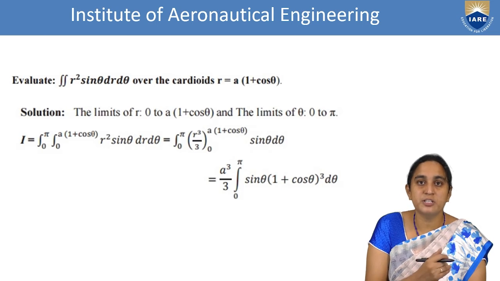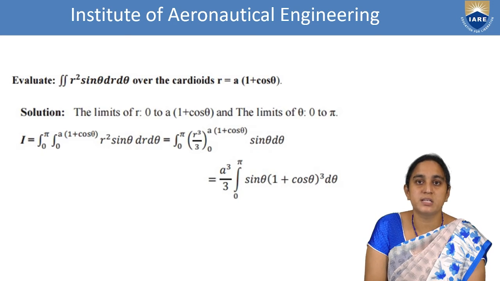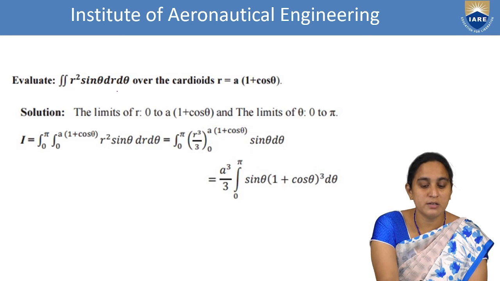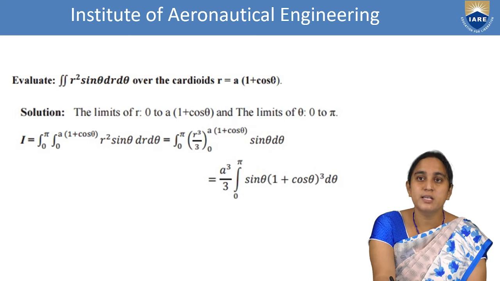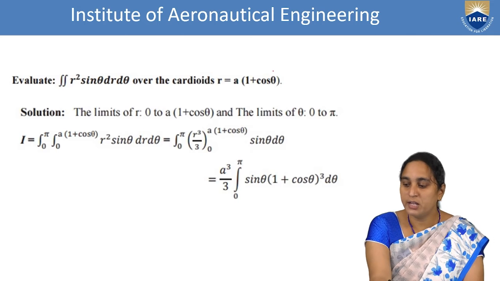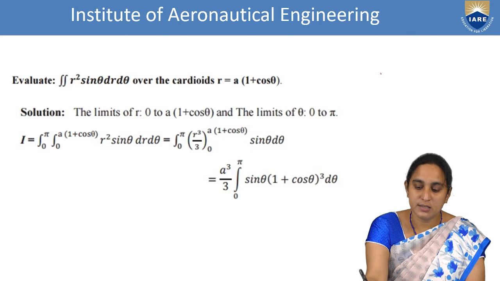The previous question was a transformation from Cartesian to polar form, but the second question is directly given in polar form. The question is in polar form, but over the cardioid r is equal to a into (1 plus cos theta). What is the cardioid form here? This is the cardioid form.